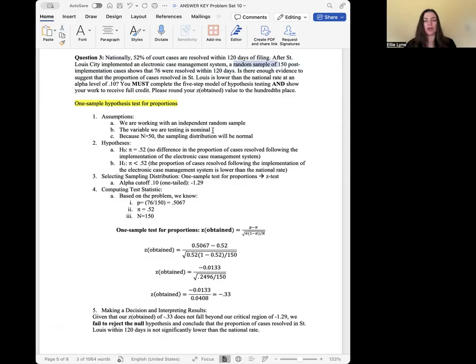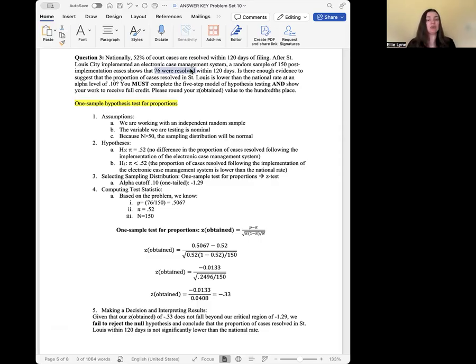The variable we are testing is nominal. Okay, let's take a look here. The cases showed that 76 were resolved. This was a little bit of a tricky one that I saw people held up on, so I want to explain this one. Even though you could count the cases themselves, right? Number of cases might appear to be interval ratio, and it is.